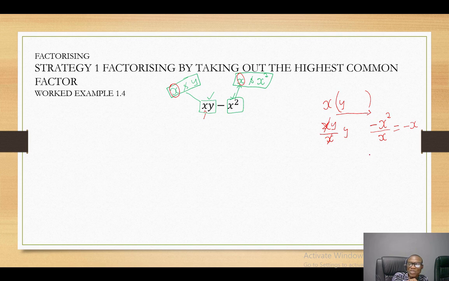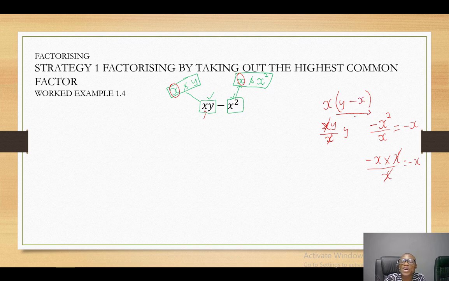Remember, negative x squared is the same as x times x. So I can also see it like this, which is minus x. But the correct way of finding the answer of negative x squared divided by x is to use the law of exponent. I will explain that one later, not so long. Negative x squared divided by x is negative x. So you write negative x.